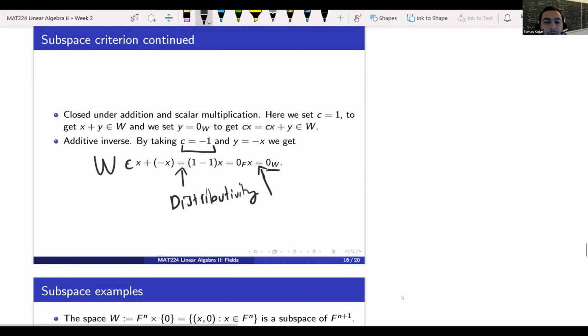So let me write this as 0V, and then we know this to be 0W. Okay, so because we proved this for vector spaces.